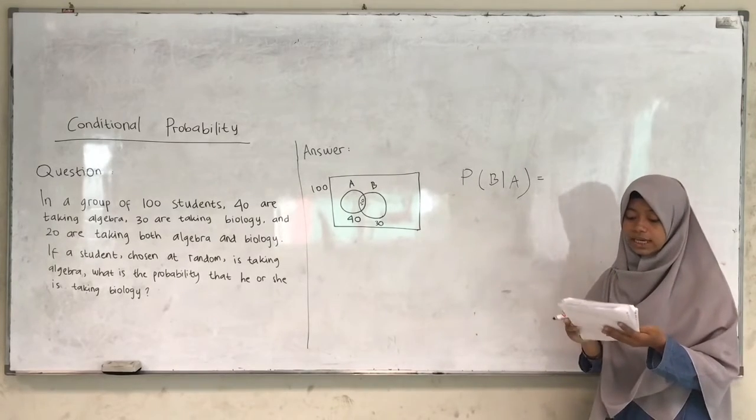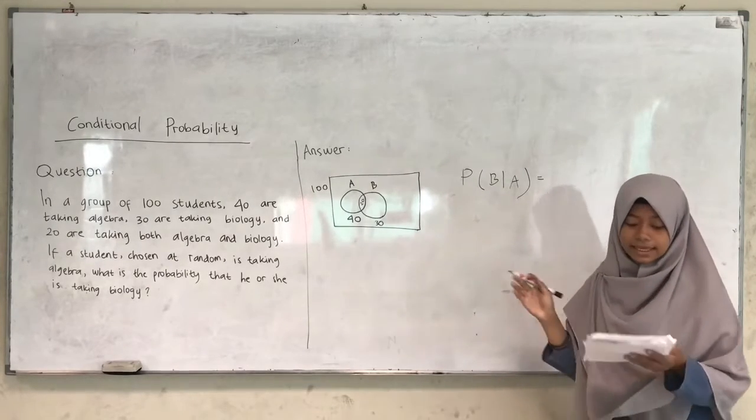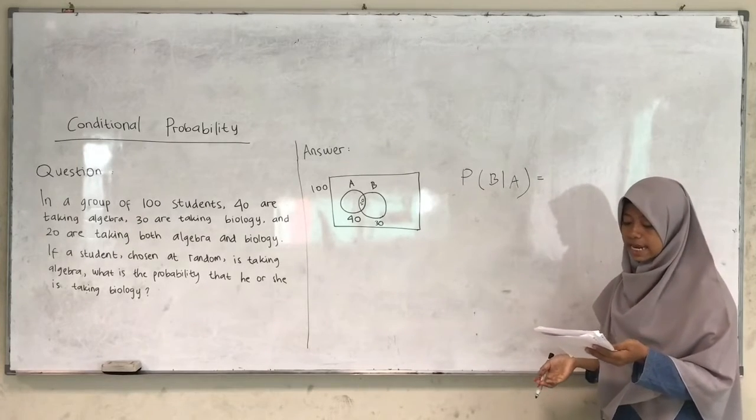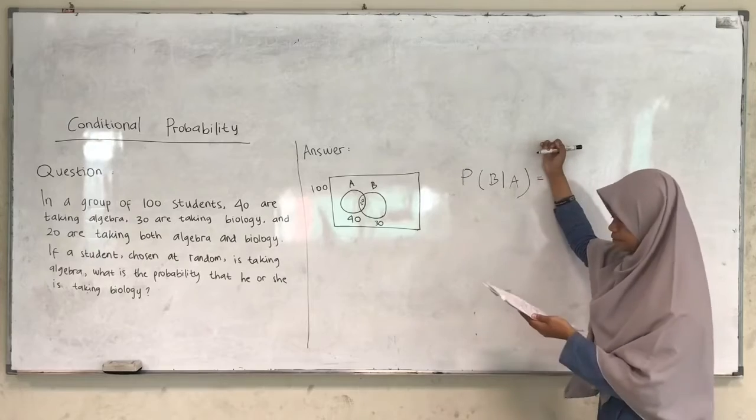So we're looking for the probability that a student is taking biology if we already know that the student is taking algebra.